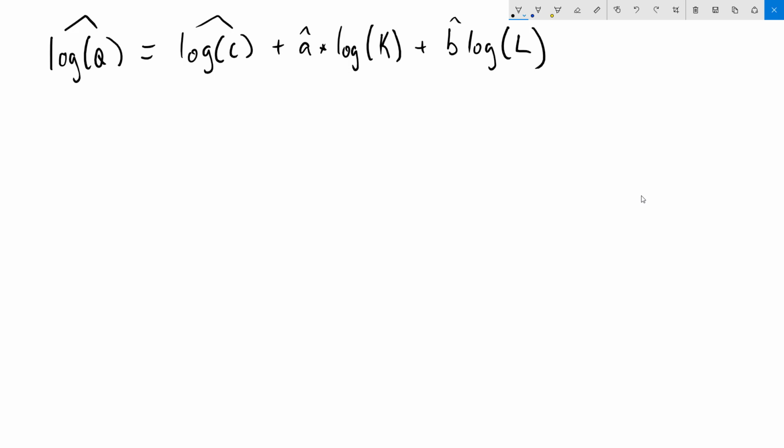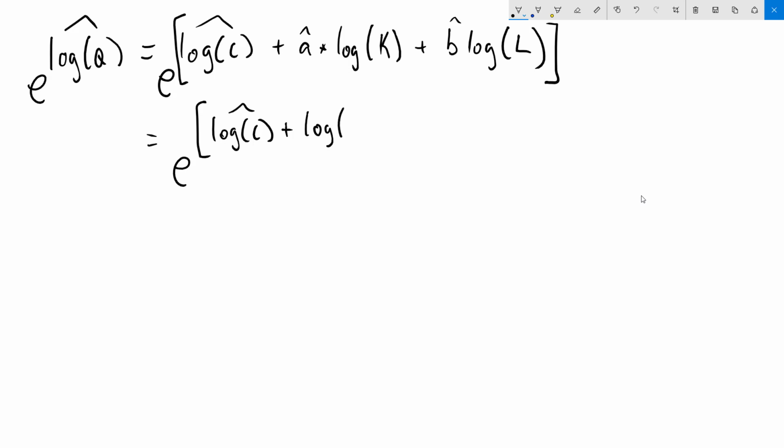So we're going to take e to the left-hand side equals e to the right-hand side. I'm now going to go in reverse with everything we did before. We still have log of c hat there, but now I'm going to tuck that a hat back inside the log. So we'll have K to the a hat power plus log of L to the b hat power.